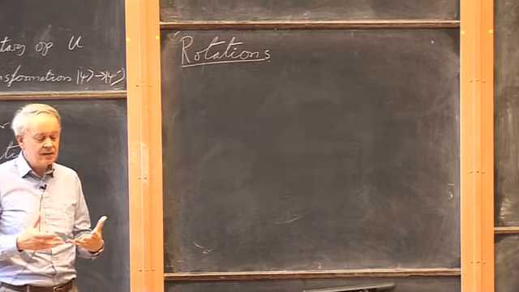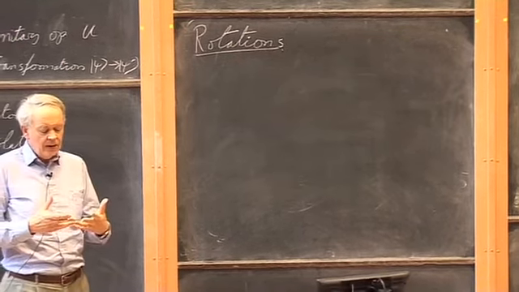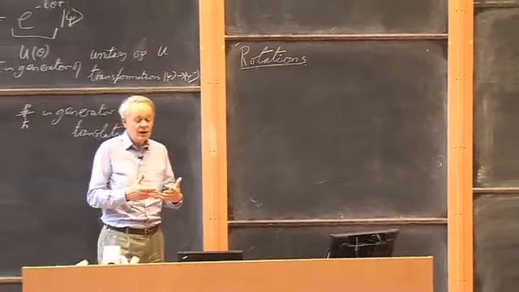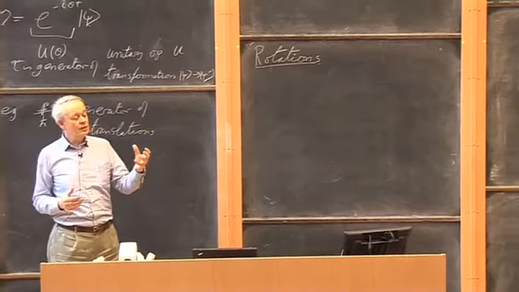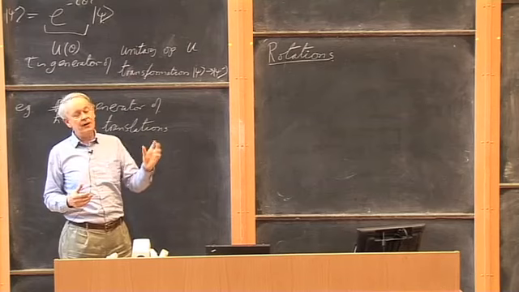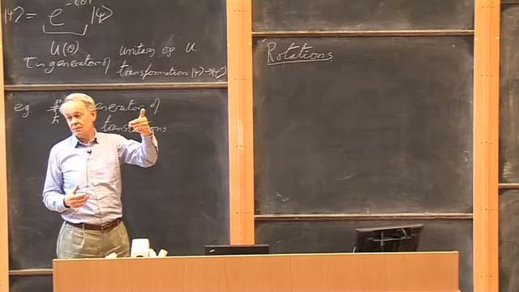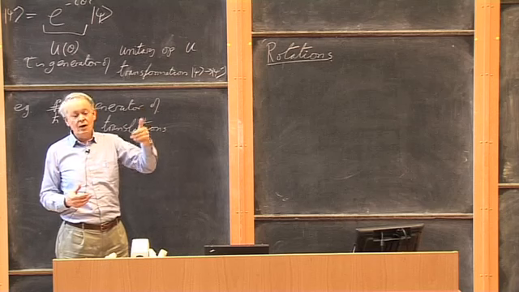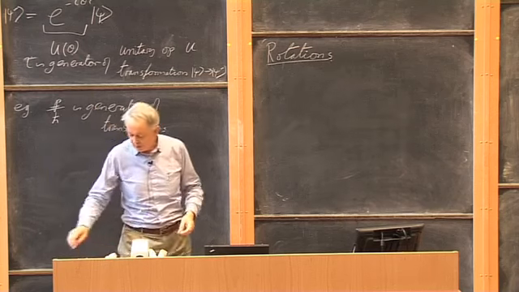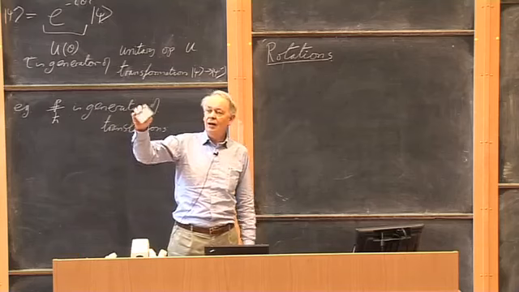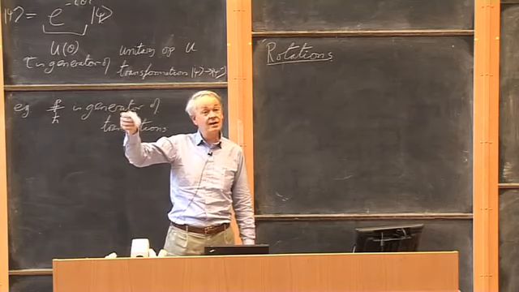We should expect that there's more than one generator of rotations, because in order to specify a rotation, we have to specify a rotation axis and how far around that axis we're going to go. Right? Here's a solid body, I can rotate this in a whole variety of ways.